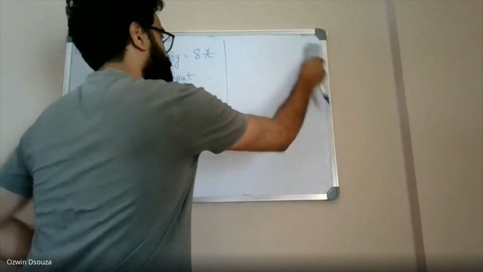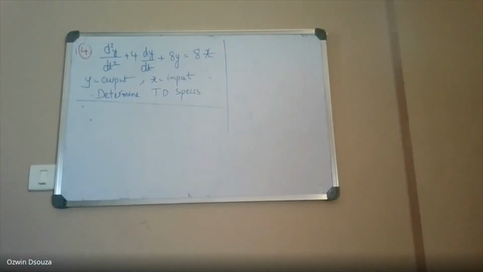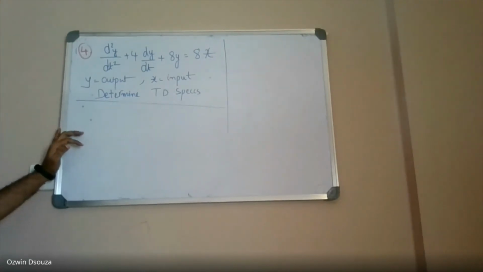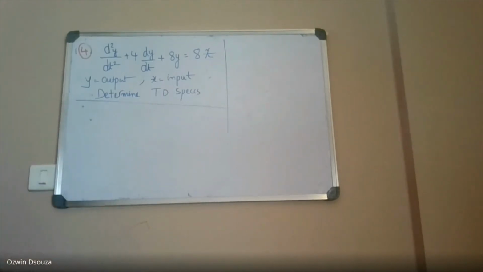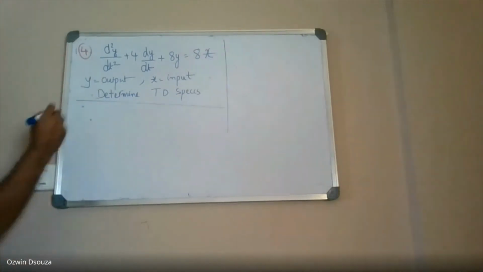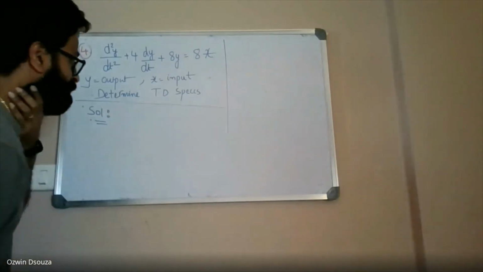As you can see, every question is different from the other, right? In the fourth question, you do not have the system description in the form of a block diagram or the standard form, that is C by R. You have been given a differential equation, so from it you need to determine the transfer function.